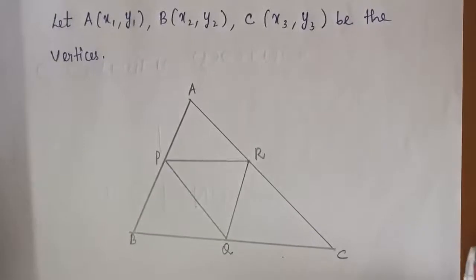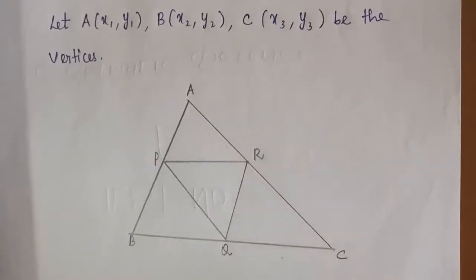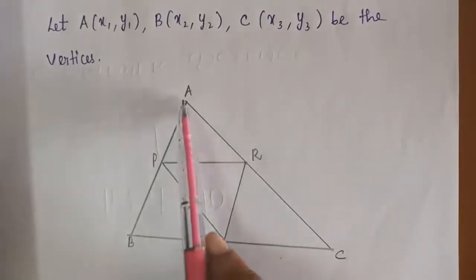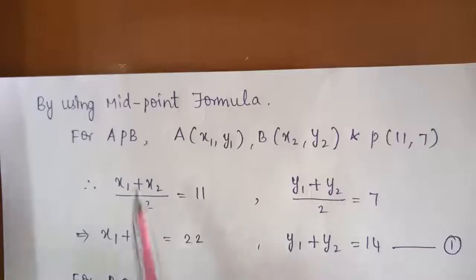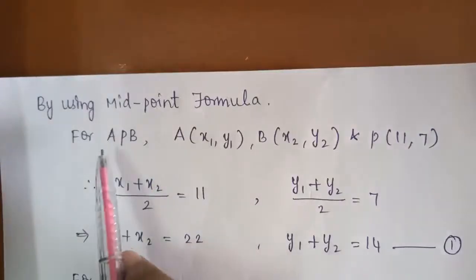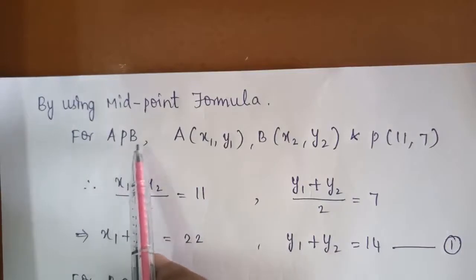So if ABC is the triangle, P is the midpoint of AB, Q is the midpoint of BC and R is the midpoint of AC. So by using the midpoint formula, we are going to find the vertices A, B and C. First we are taking the line APB.